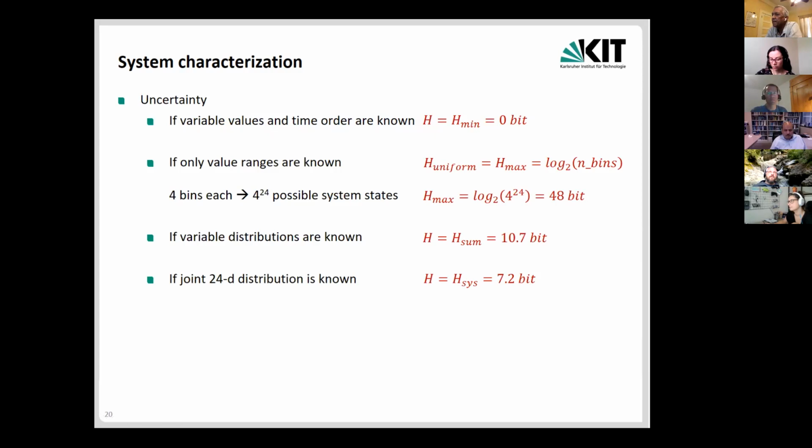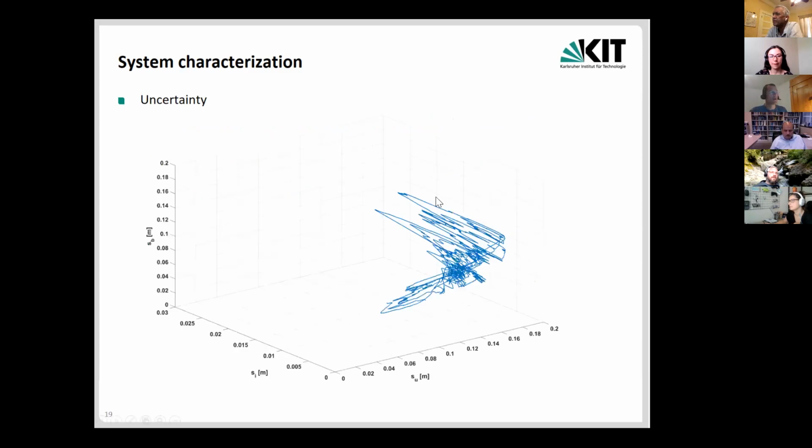This one? Yes. So can you just give me the intuition on what the 7.2 bits means now? Yeah, okay. Let's suppose we only work with 3 variables. This space here is then along each axis split up into 4 bins.